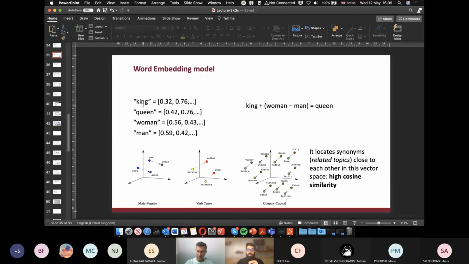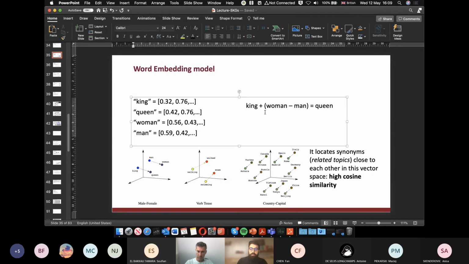So instead of having king here, I will have, for example, https://skg.org/resource/Angelo Salatino. And so each node will be associated to an array of numbers. And instead of having this model here, with male, female, verb tense, country capital, it will have nodes, entities, and relationships of a knowledge graph.